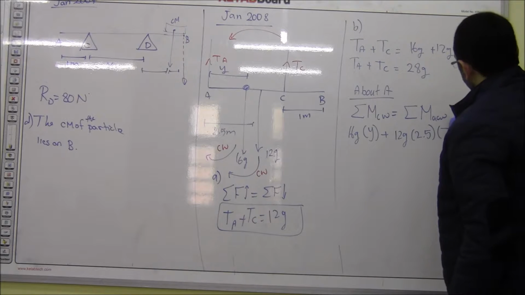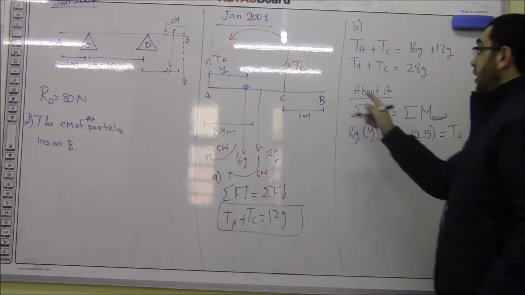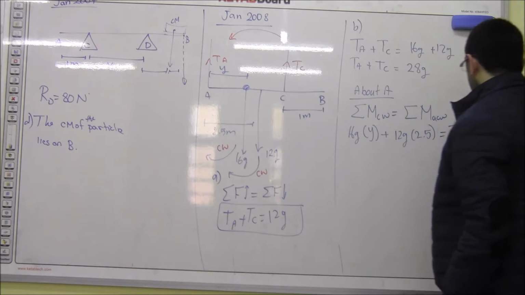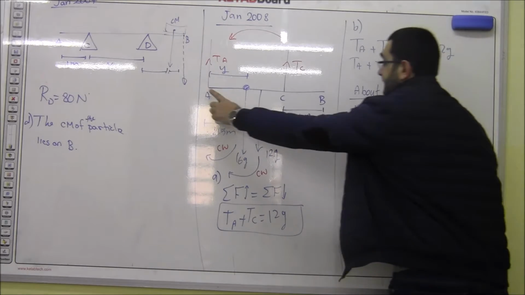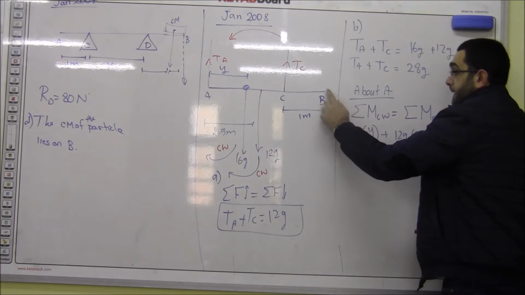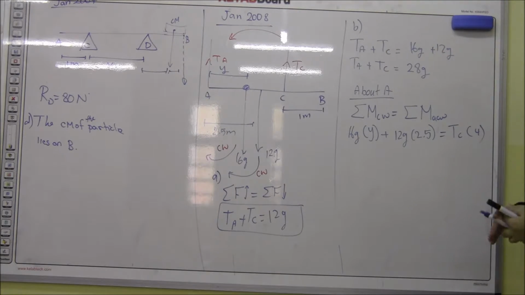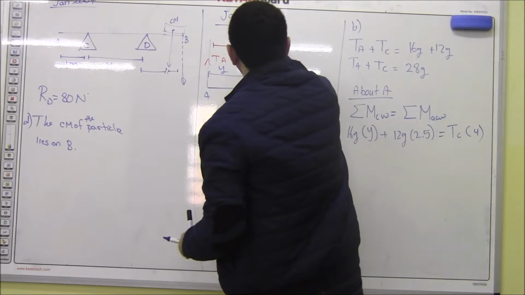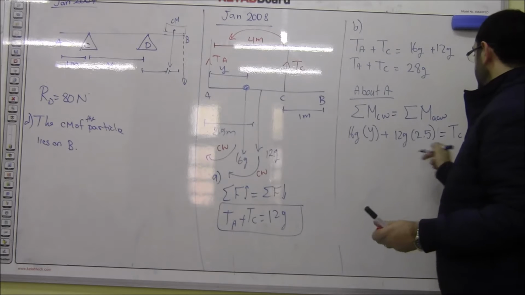TC times 1.5... TC, overall distance 5. This is 1, so times 4, right? Clear? Overall distance from A to B is 5, minus 1, so from A to C is 4. Any question about this? So we will get TC in terms of y.